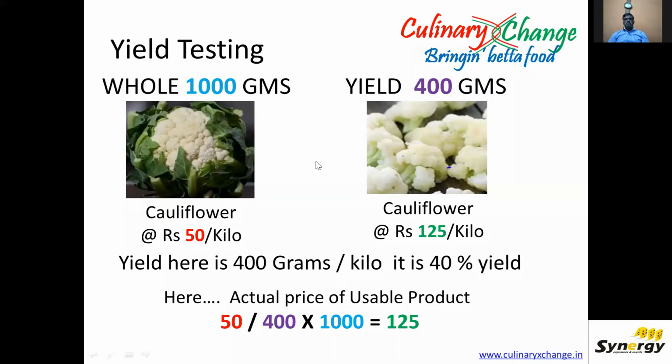That means in 1 kilo of maida there are 120 grams of water present as moisture content. We need to make sure this doesn't go beyond 13 or 14%. If it goes beyond 13 or 14%, naturally we will lose a lot of yield and hence we will lose a lot of profitability.